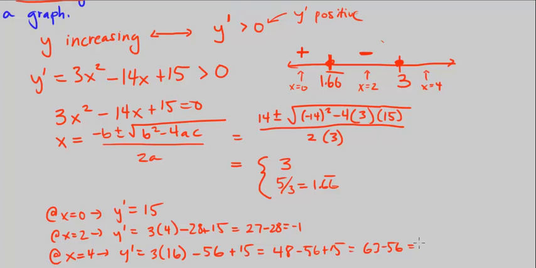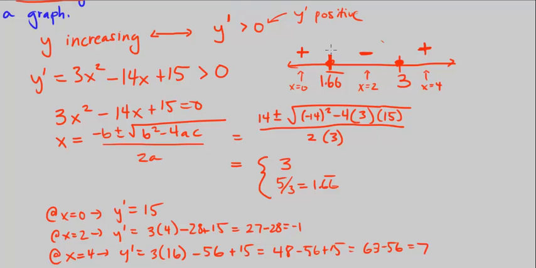So I can already tell that that's going to be positive, right? I don't even need to finish it if I know it's positive. I could write here it's positive, and that's all that matters. But let's go ahead and finish that. That's going to be 7, right? So now I know y is increasing over here, right?